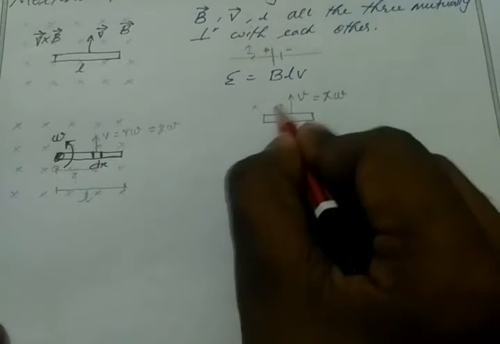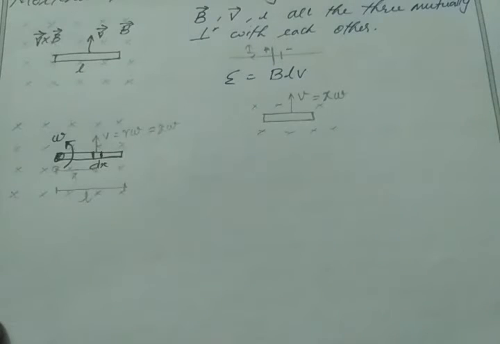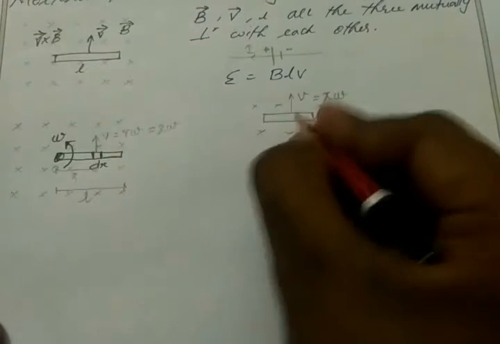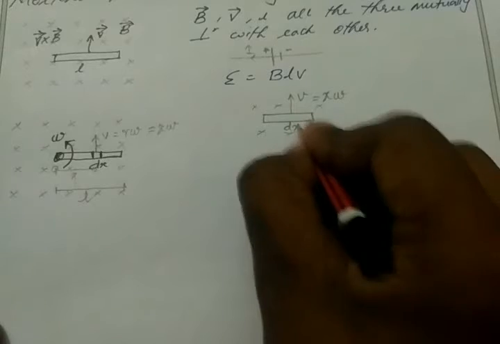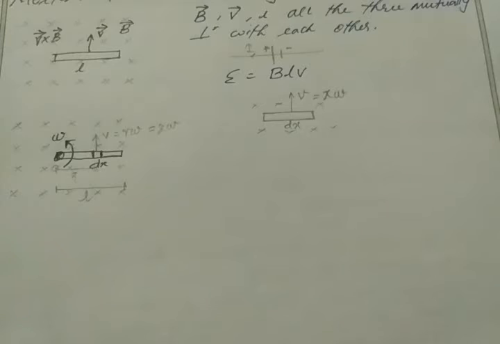This rod is located in a cross magnetic field. Its length is dx, the length of the small portion. Clear? So we consider the motional EMF of this small element.